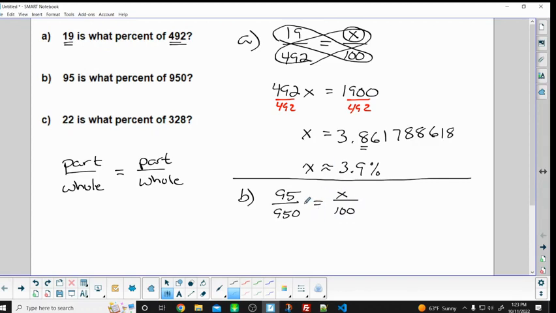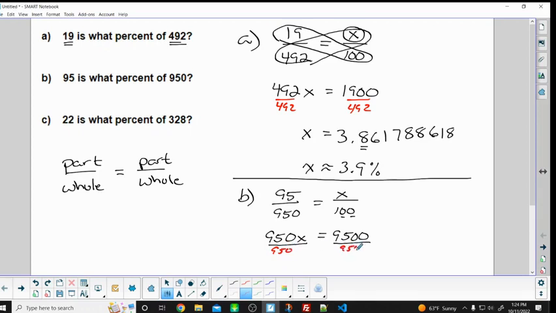I'm not going to draw the hoops on this one, but 950 times x is 950x. And then 95 times 100, that's 9,500. And all I did is put two zeros right behind the 95. And then I am going to divide both sides by 950.